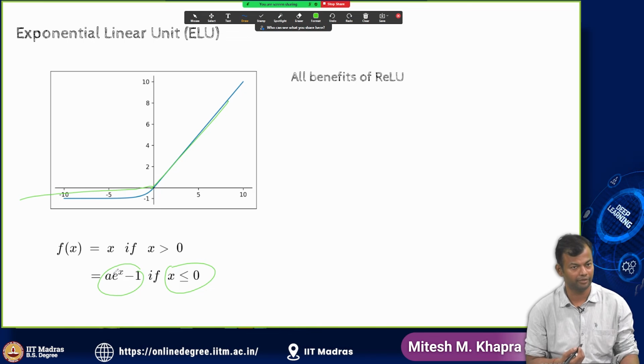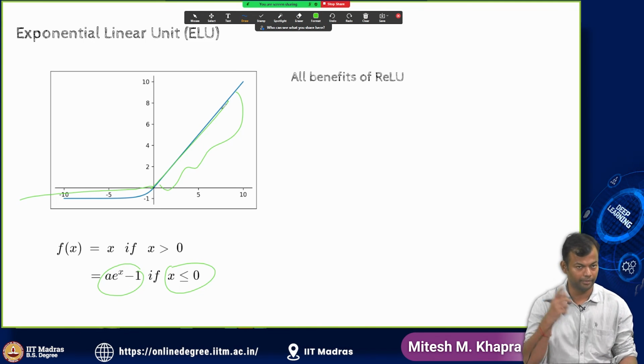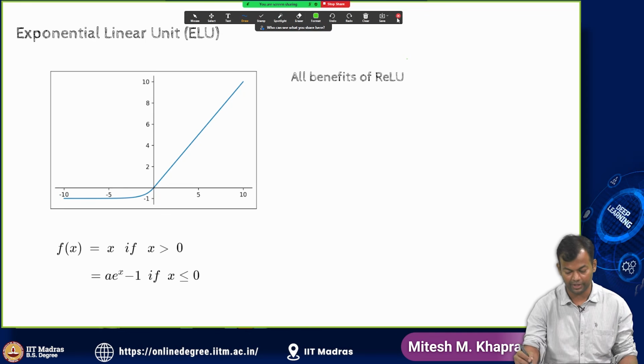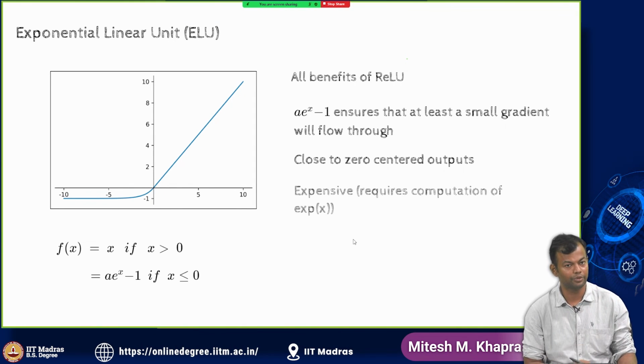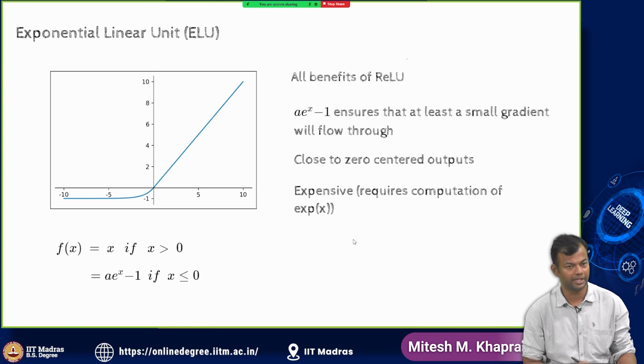It has all the benefits of Relu because largely it is linear on the positive side, and it's also now close to 0 centered, right? And some gradient always flows through, but it becomes expensive, right? Because you have to compute this exponent.